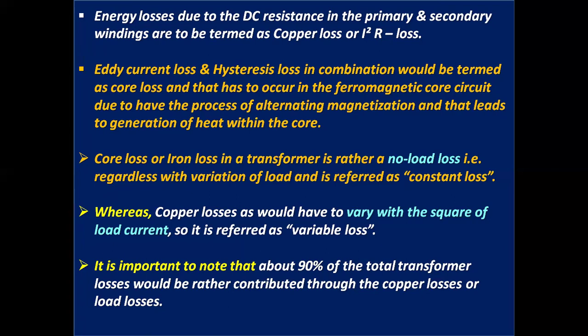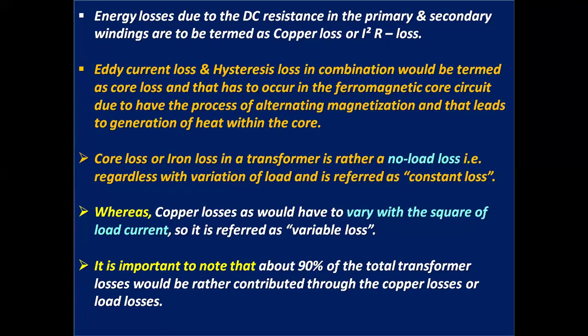Whereas copper losses vary with the square of the load current, so they are referred to as variable loss. Therefore, core loss or iron loss is a constant loss, and copper loss is a variable loss.